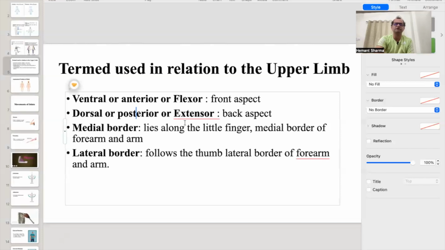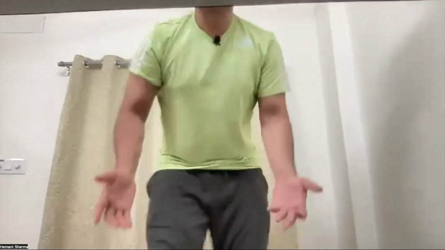Then we discussed earlier medial border and the lateral border. Okay. So it's written medial border lies along the little finger. Okay. So here, this is the anatomical position.